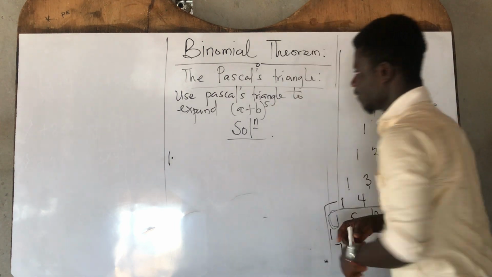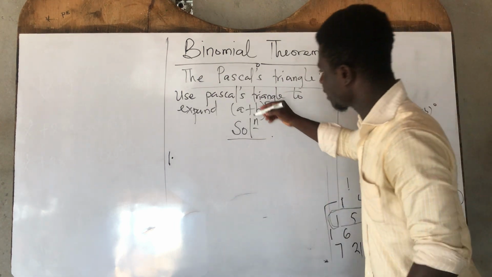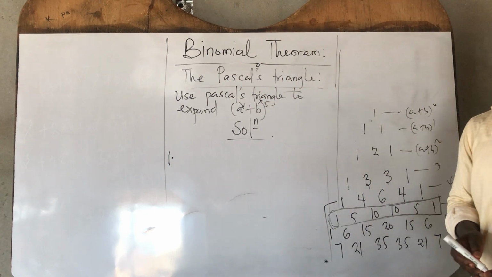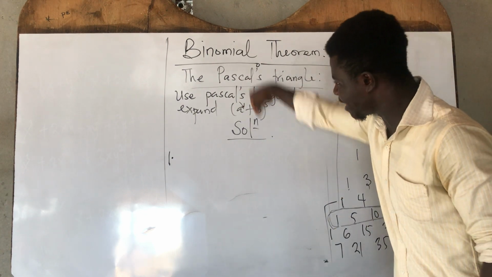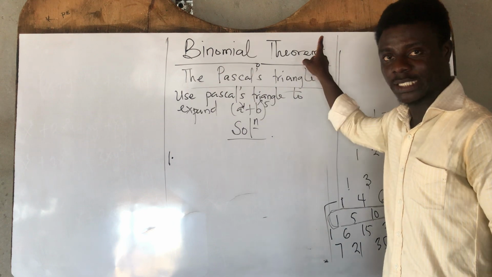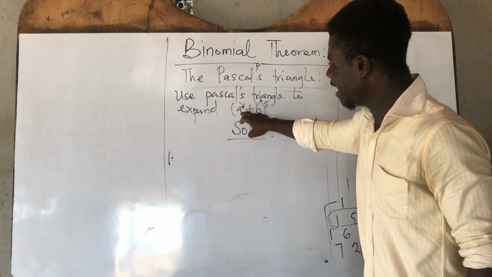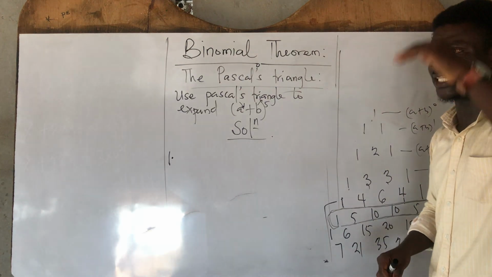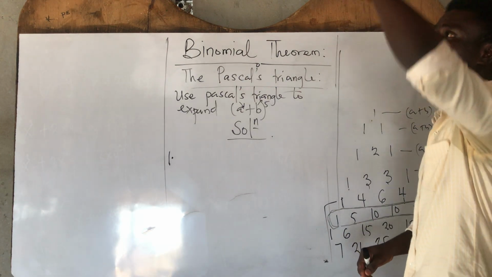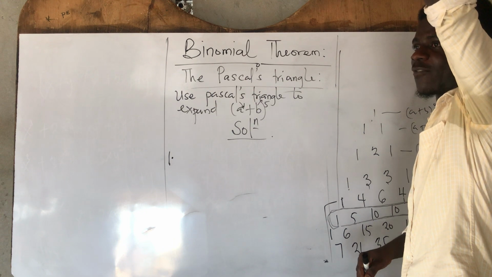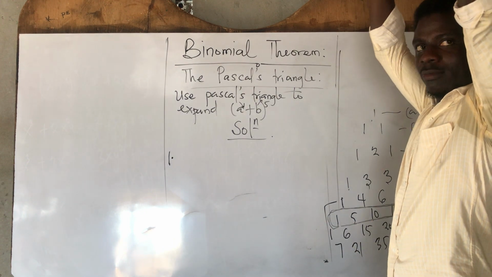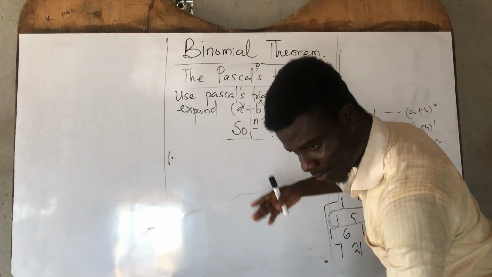1 times, I told you that this a will decrease, and this b will increase, right? If you are decreasing something, then the thing goes from up to down.